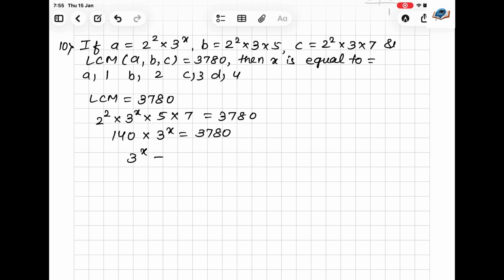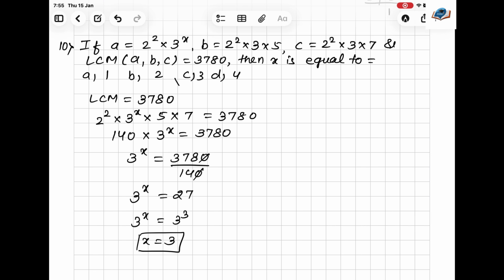So 3 raised to x equal to 3780 upon 140. If I cut it, I will get 3 raised to x equal to 27. Now 3 raised to x equal to 3 cube. So x equal to 3. So C option is the correct answer.